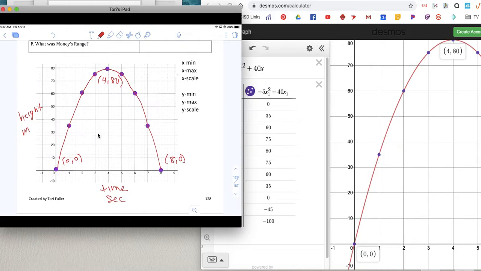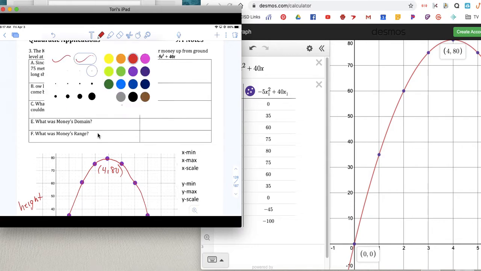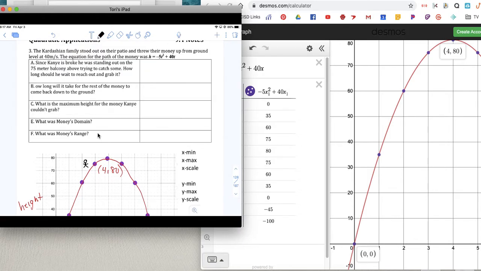Now that we've got all our information, let's go ahead and answer our questions. Since Kanye is broke, he was standing out on the 75-meter balcony above trying to catch some money. How long should he wait to reach out and grab it? All right, so if you're at 75, let me draw a little person right here. If you're at the 75-meter mark, what times can he reach out and grab it?